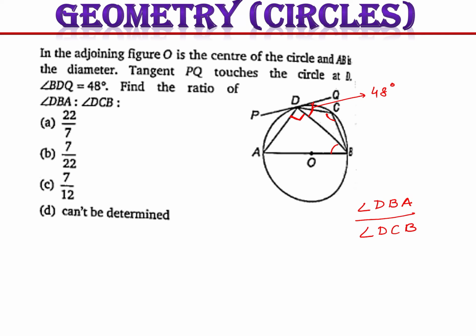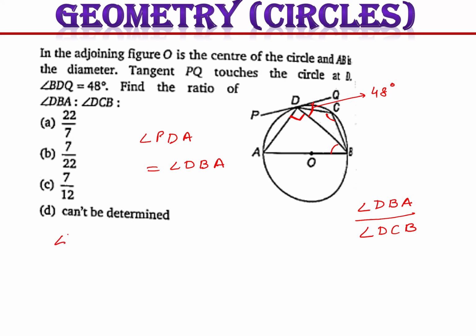Now see here. Angle PDA will be equal to angle DBA by the alternate segment theorem, right? And I can easily find angle PDA.